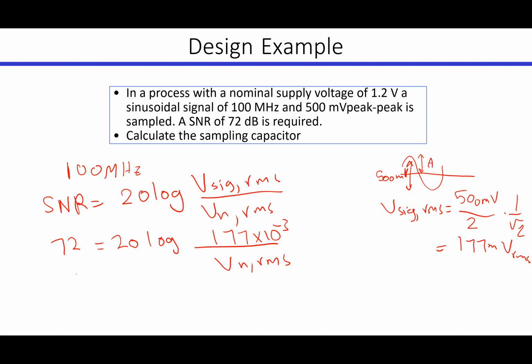So 10 to the power 3.6 gives us about 4,000. So basically we get the V noise RMS. After you do this math here, it will become 44 microvolt RMS. And this is basically equal to what?